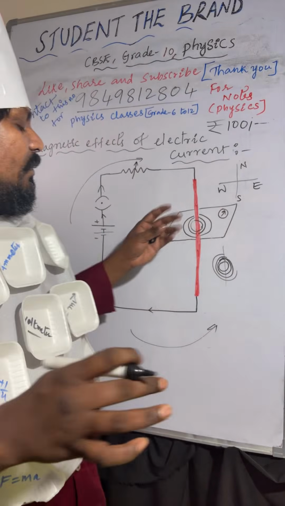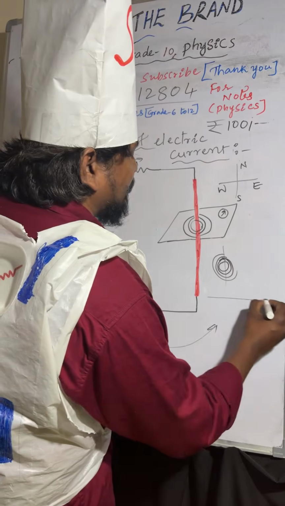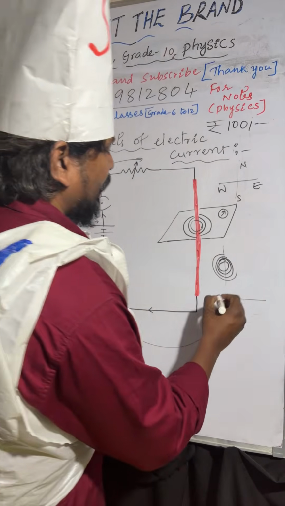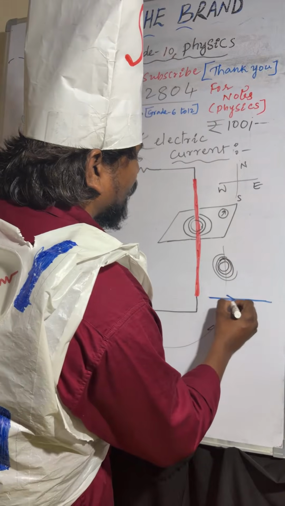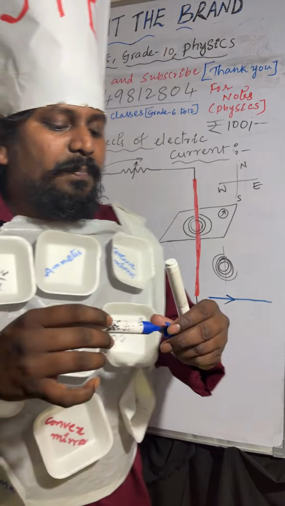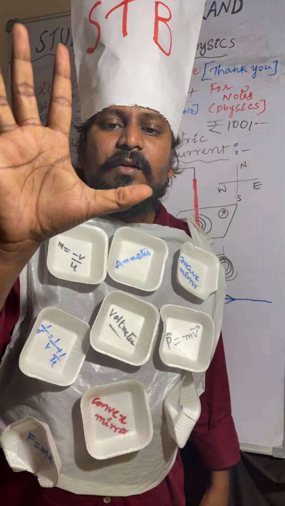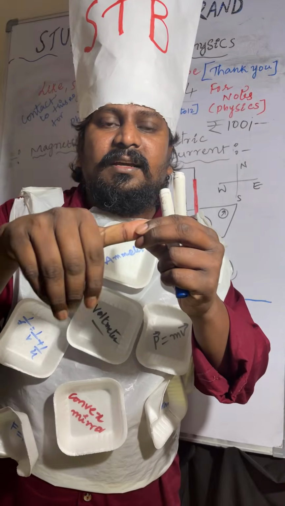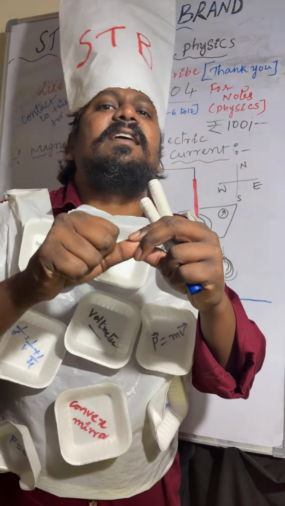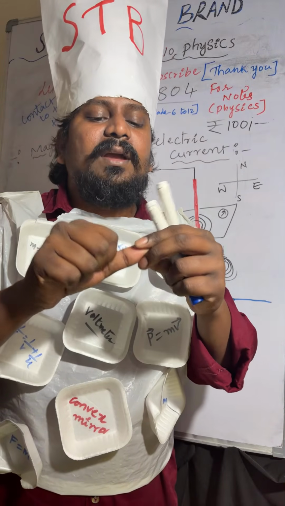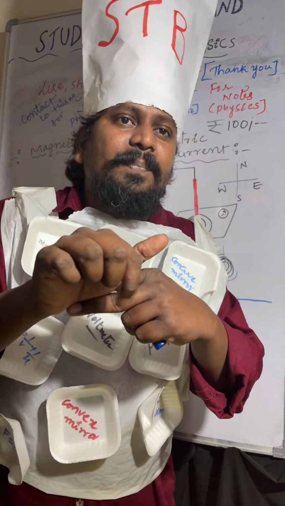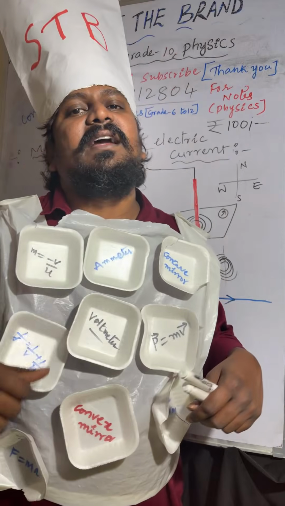If the current is passing like this, in this direction, you have to place the thumb along the current direction. Curly fingers, folding fingers, wrapping fingers show the magnetic field direction.